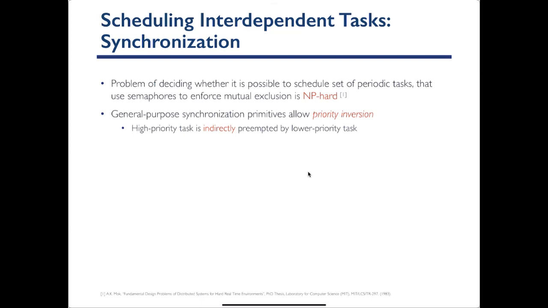If you remember the lectures where we talked about implementing semaphores, condition variables, and mutexes, that was a general purpose implementation that works well with general purpose operating systems. If you use the same mutexes, the same semaphores, and the same condition variables for your real-time tasks, it might have implications that are not desirable for your system.